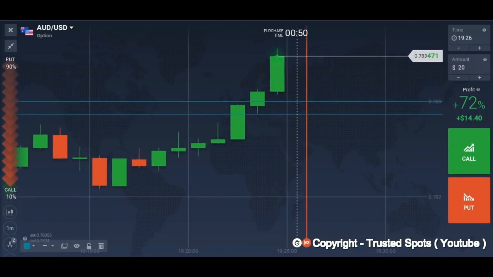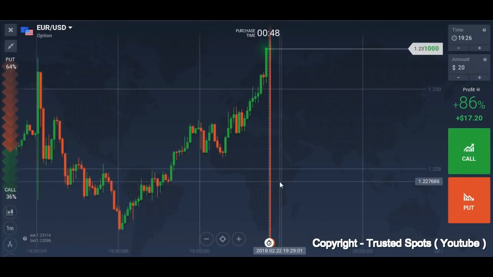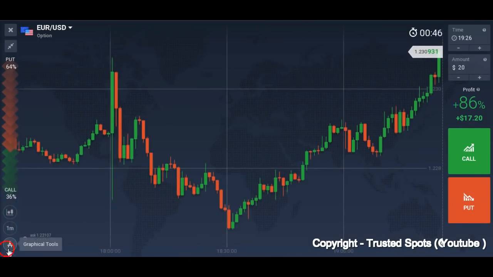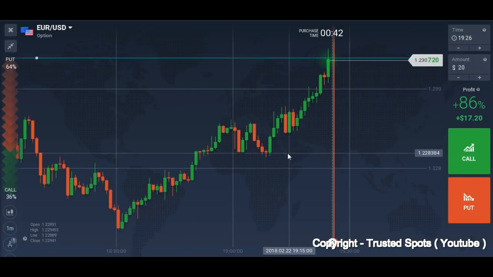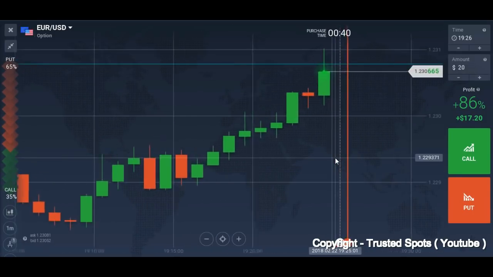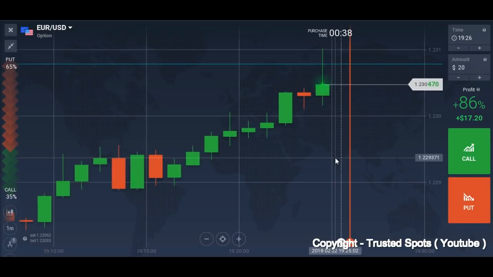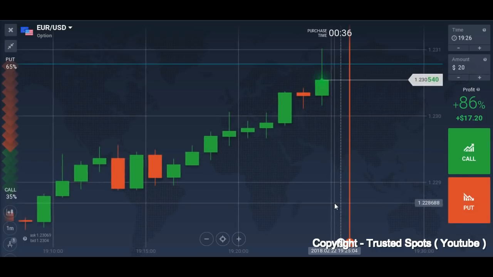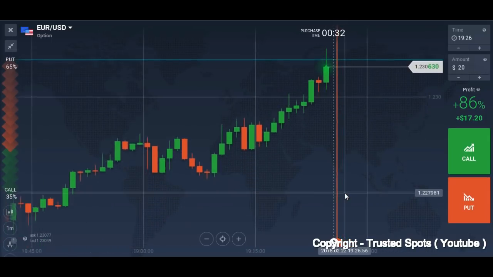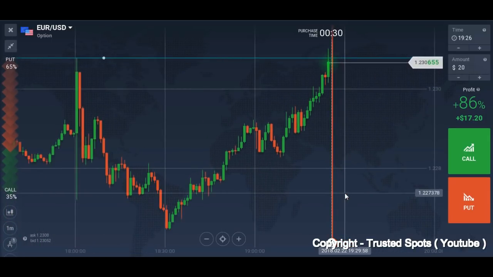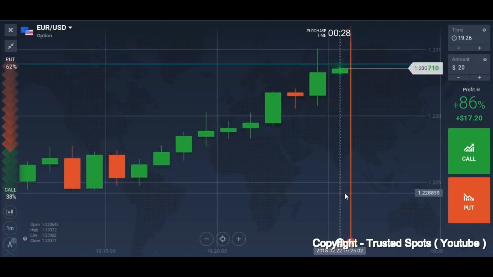Let's move to Euro USD. Here we have an extreme level, and it's a good one. It closes below, so we can take a trade here.